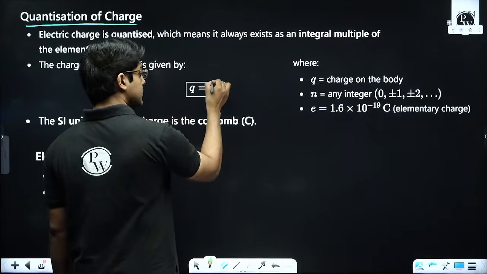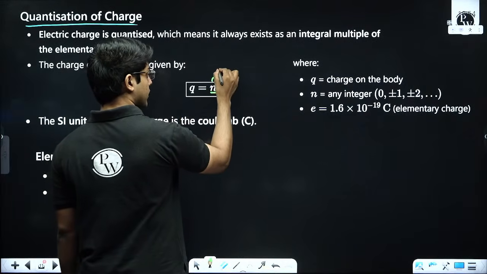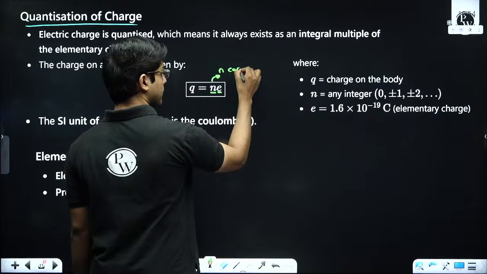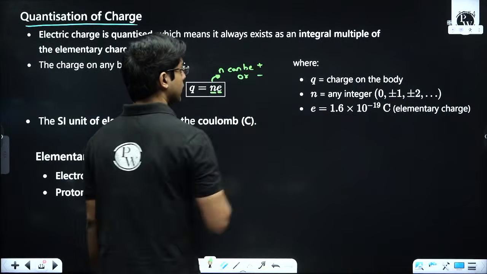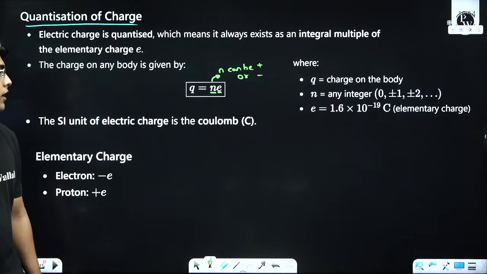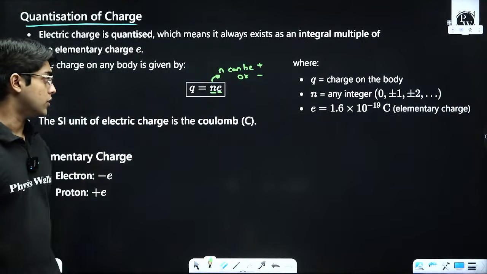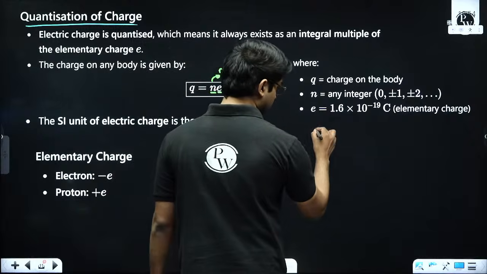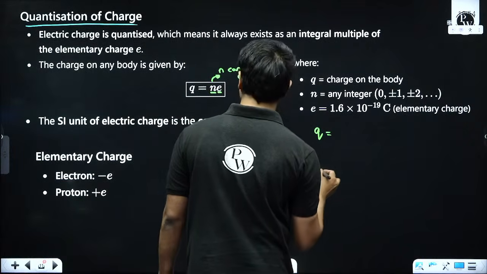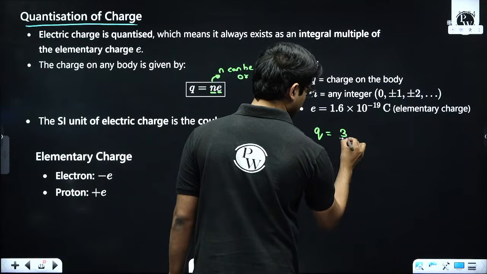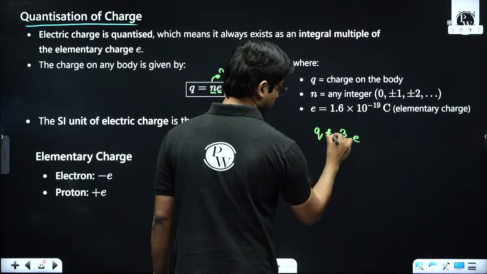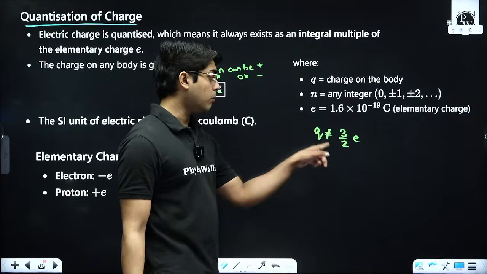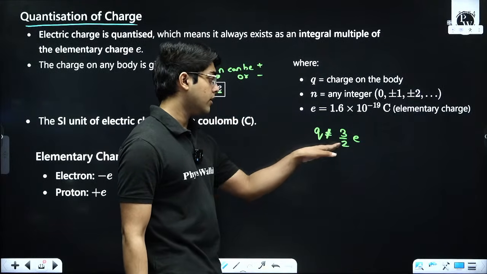Okay. This n can be positive or negative, but it must be an integer. You cannot have n as a fraction. So let's say n is equal to 3 by 2 you are choosing. This is not possible. This means you are removing 1.5 electrons from a body, which is absurd, right?